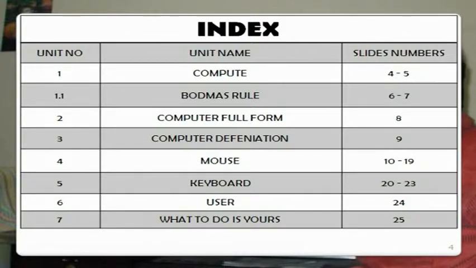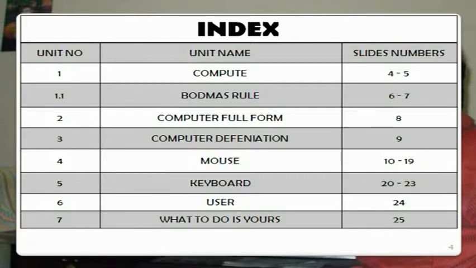Now this slide, index. Already you know what is index. The first unit, compute, is in slides 4 and 5. Subunit 1.1 Bodmas rule, slides 6 and 7. Unit 2 computer full form, 8th slide.